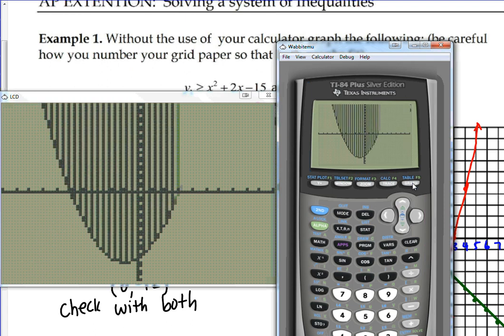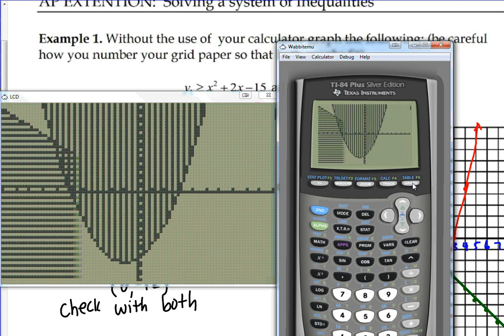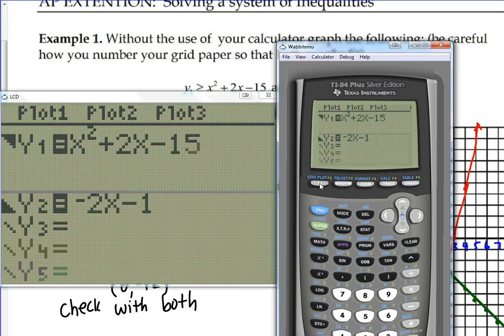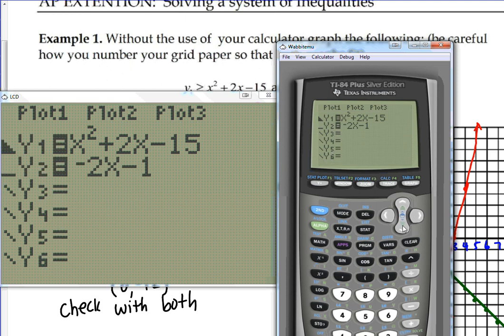Okay, so we want the overlap. So you have one shading and then you have the other shading. So where the overlap is our solution. You can also do it backwards. So you can do something called reverse shading, especially if you're solving on a graphing calculator. It can get really messy. So if I want to do reverse shading, I'm going to do the opposite. And the white space is my solution. So instead of greater than, I'm going to do the less than on the first one.